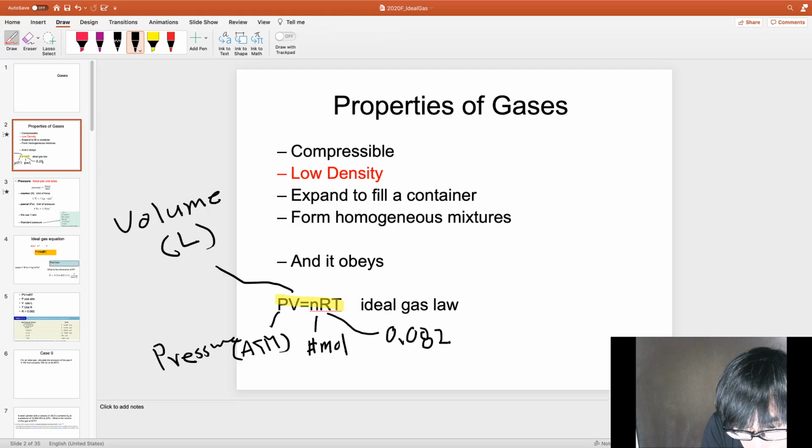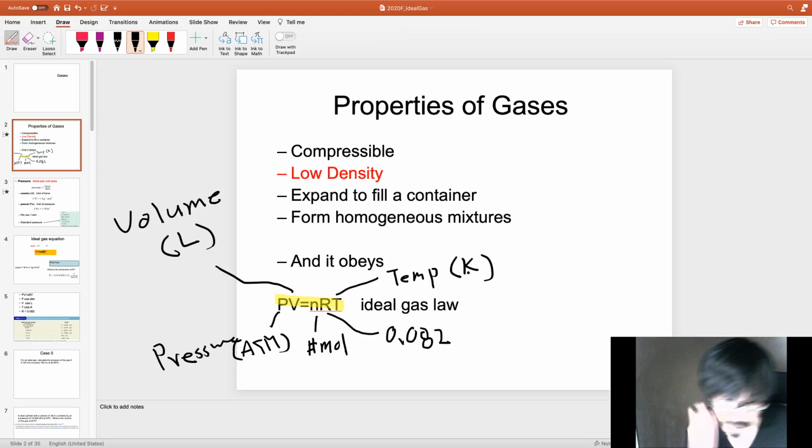And then temperature, we use Kelvin. So anytime you deal with these problems, I always change the pressure to atm, and I change the volume to liters.